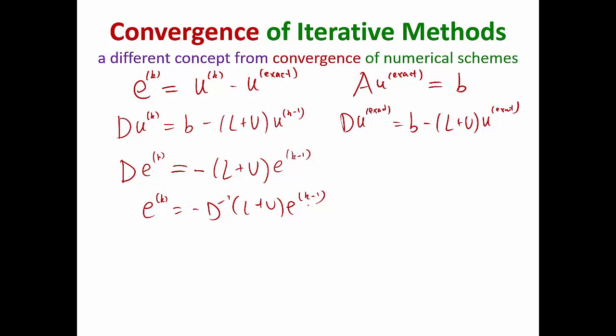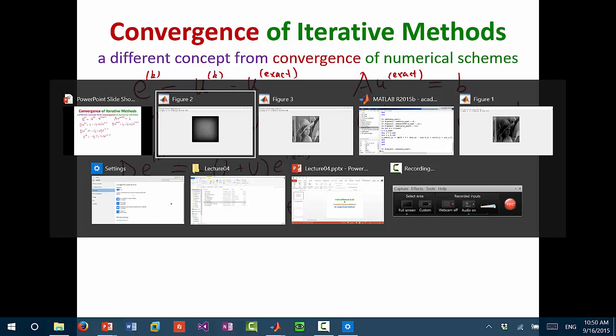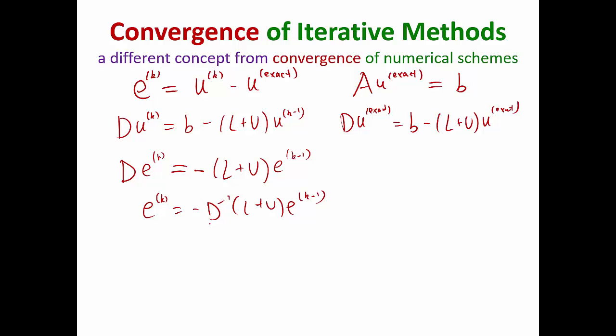When k is equal to 1,000, this is what ek is, this is e1000. And if I write down this matrix as R, because this is just D inverse times L plus U, with the minus sign also in, then I can say this is R times ek minus 1.